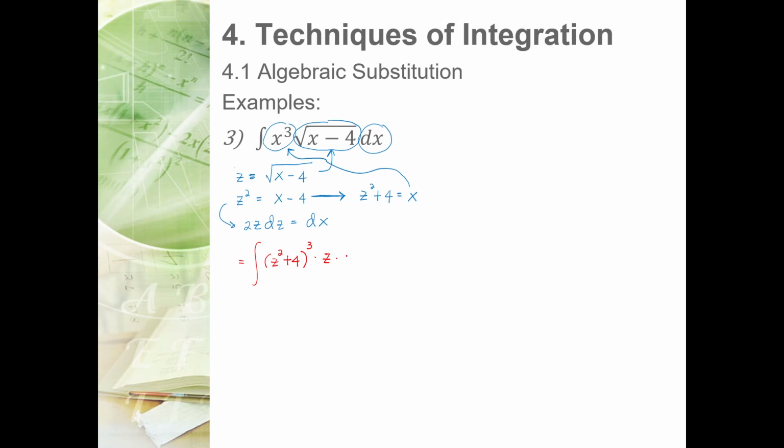Then from dx you have 2z dz. Okay, so simplifying it, factoring out the constant term, 2 integral of z squared plus 4 cubed, and then z squared dz.